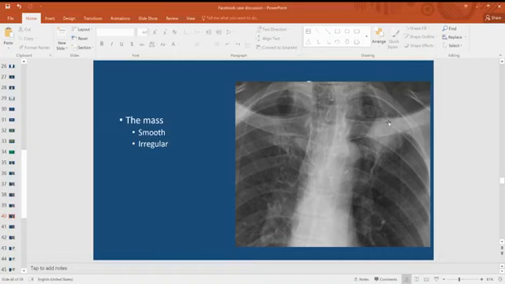This is the mass here, and we see some strands around the periphery of the mass, in the inferior aspect here and in the superior aspect here. So the mass is irregular. We move to the next question.